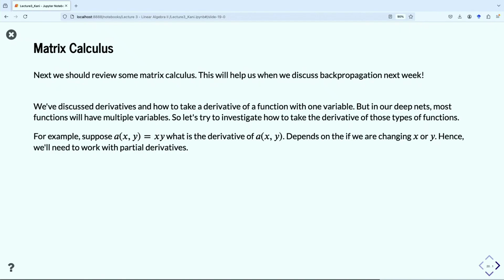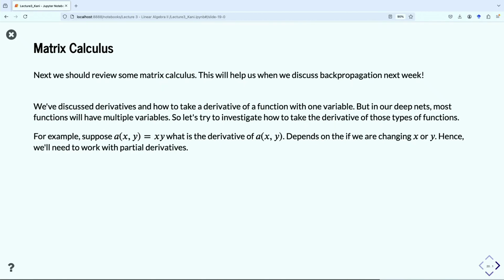Okay, so derivatives, they've returned. Last week we discussed derivatives and how to take the derivative of a function with one variable. Remember, that was a whole thing. Even last lecture, we did that with the composite function, the x to y function. What was it, the sine of log of x squared plus 1?